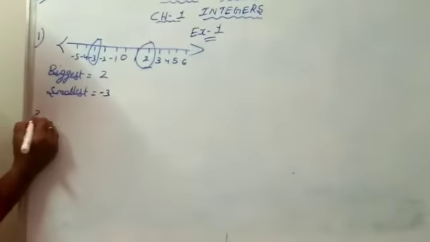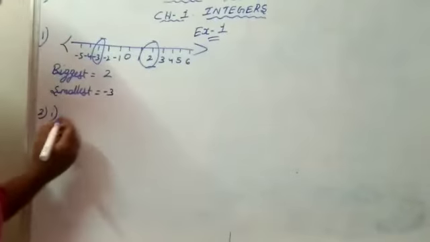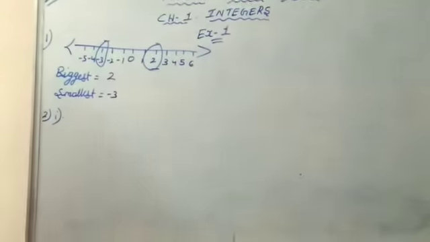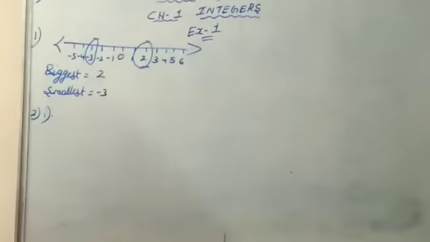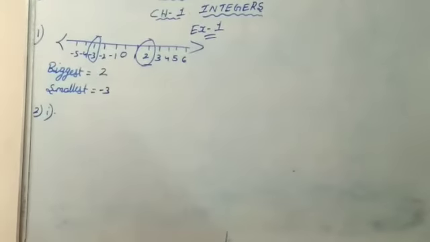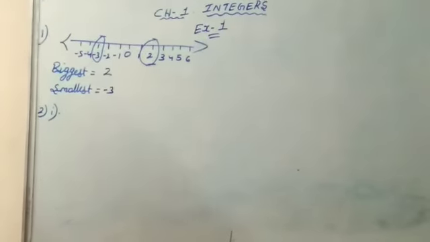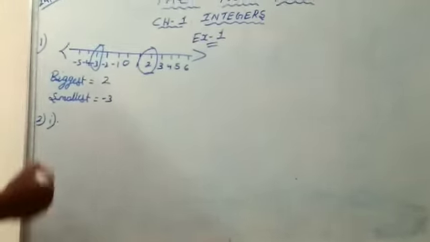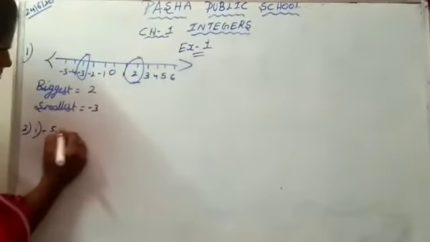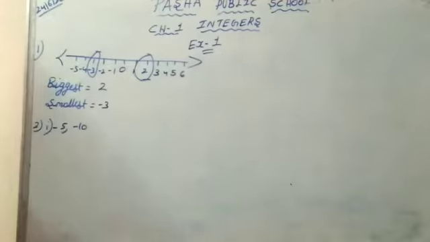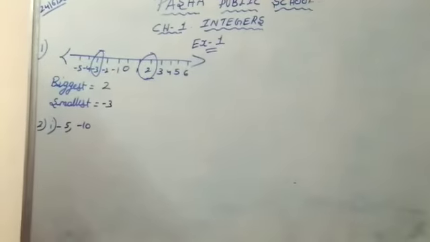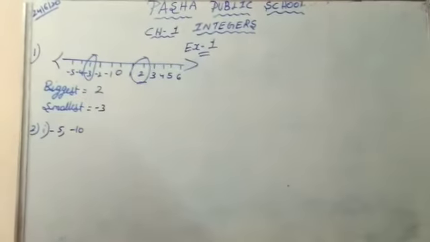Now the second one. In the second bit, first one. The question is, write the integers between the pairs of integers given below and also choose the biggest and the smallest integers from there. Now the first question is -5 and -10.